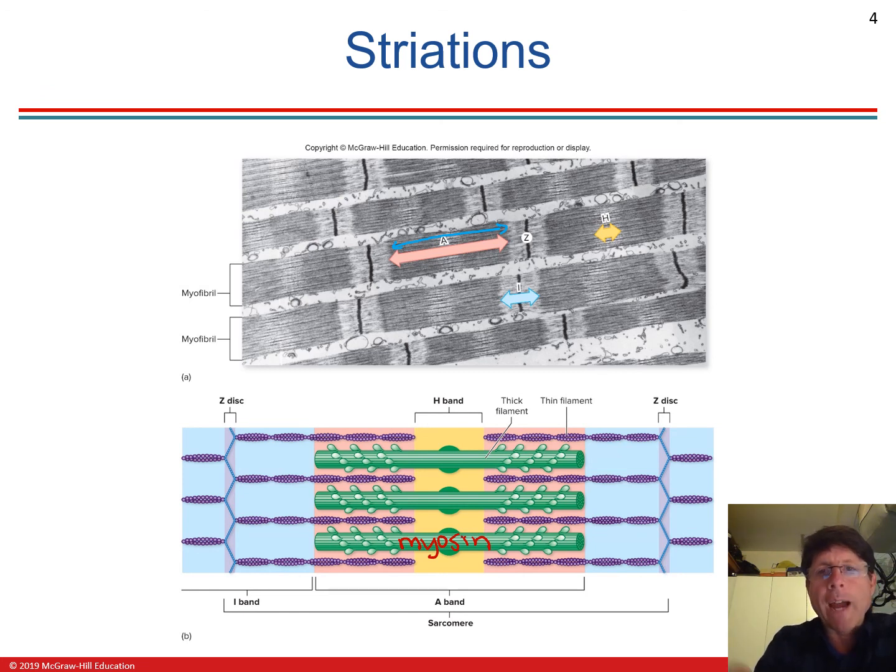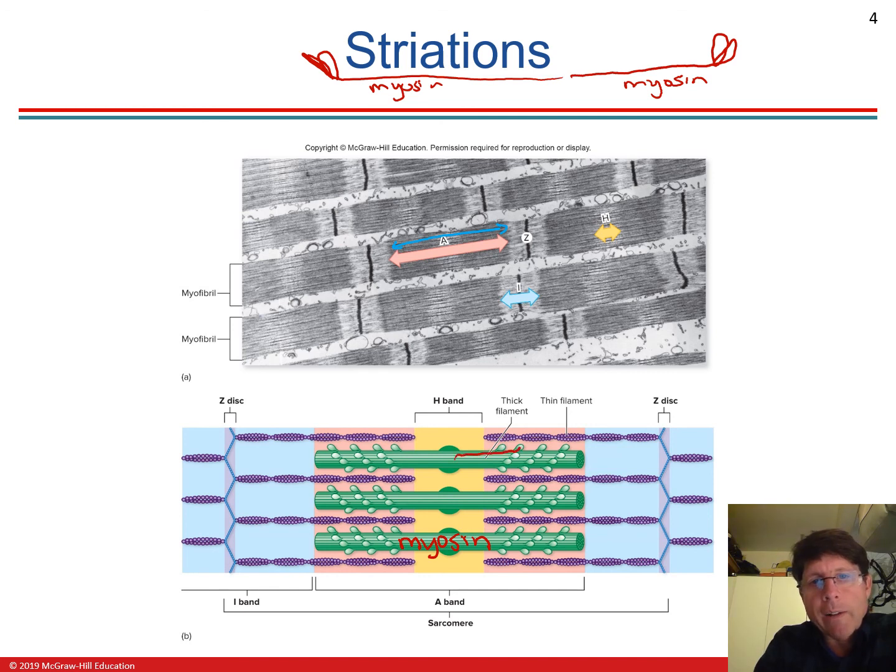And myosin fibers actually look kind of like this. They have a big long tail and then a little head on them. And so this will be a myosin fiber. And the way that you see it arranged here is that there's actually two myosin fibers going out to different sides. This will be another myosin fiber. So you're seeing those guys right in here, and their little heads popping up.